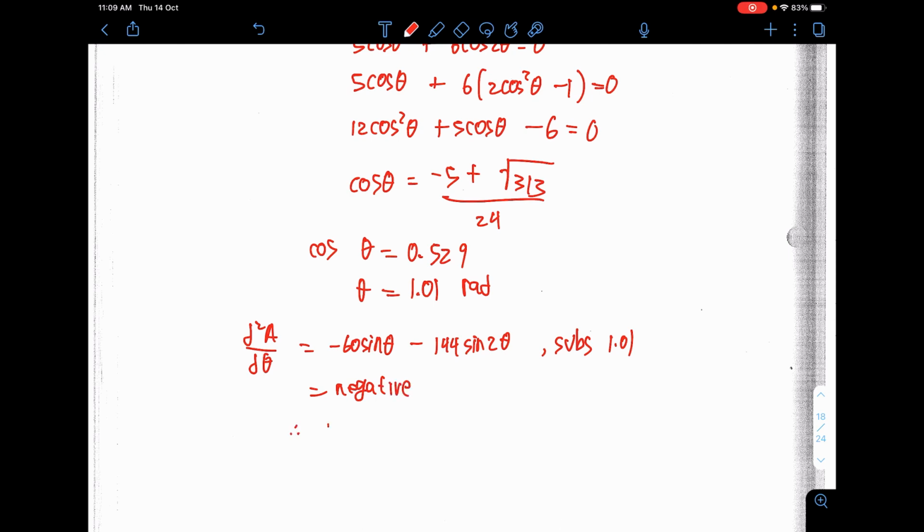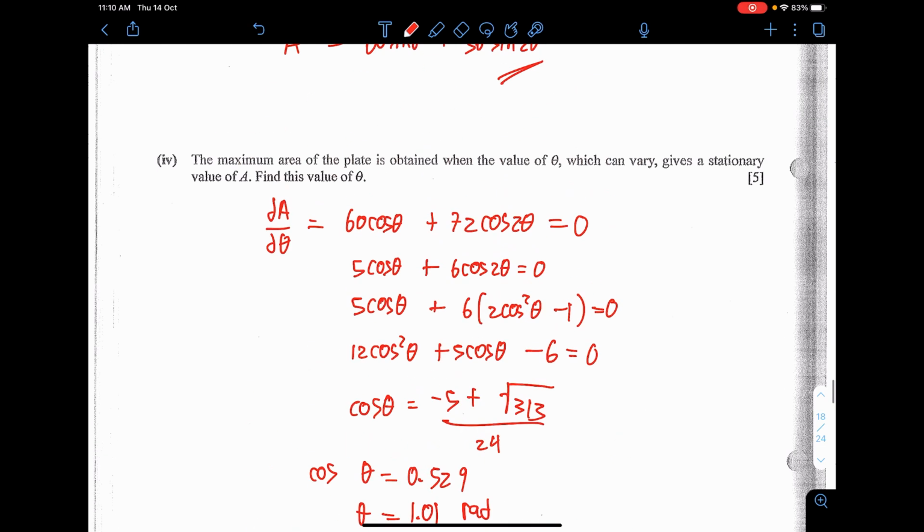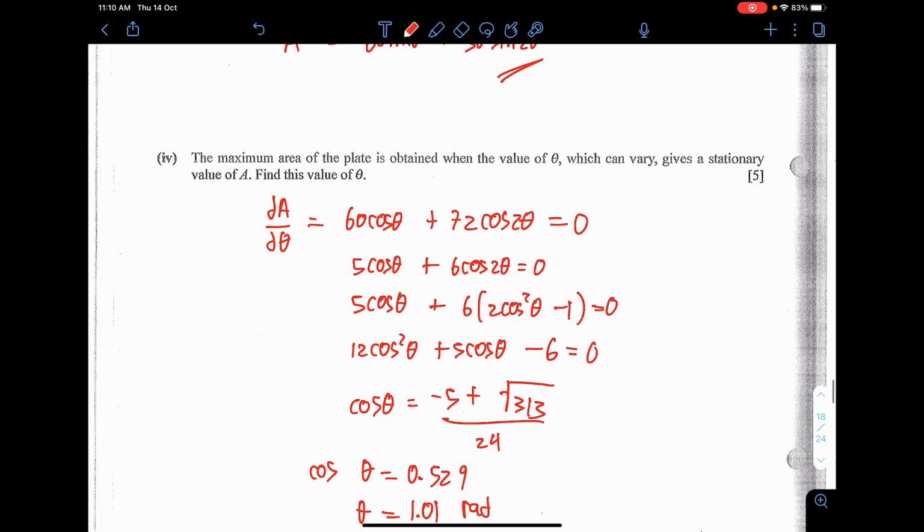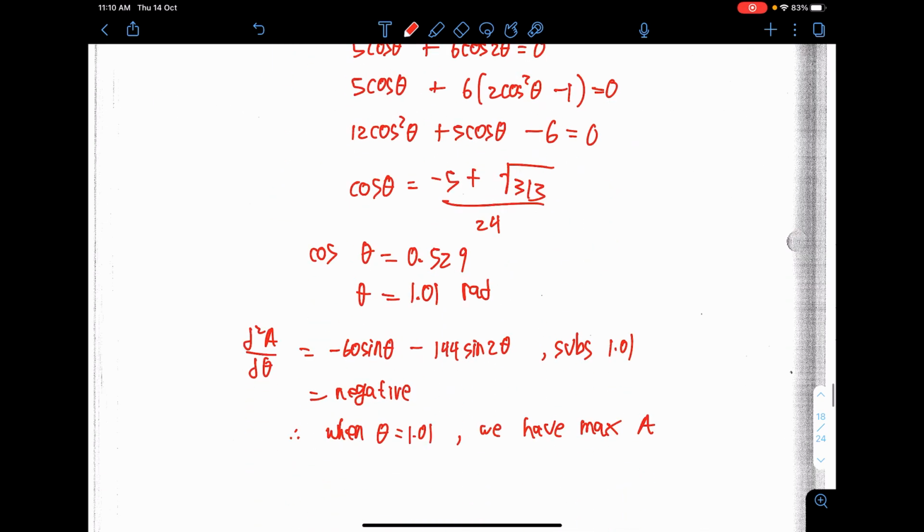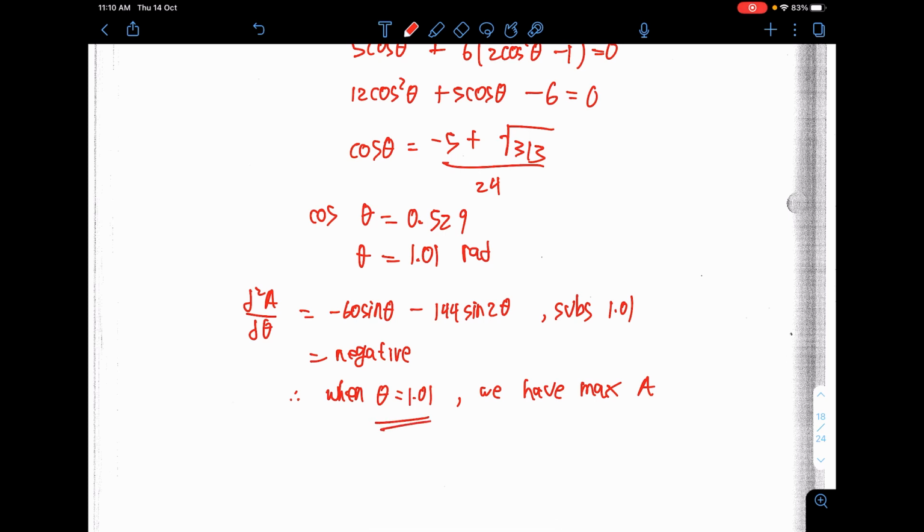Hence when theta is 1.01, we have the maximum value of A. Do they ask you to find the value of A? No, they just ask you to find the value of theta. So this is the theta that gives us the maximum value of A.